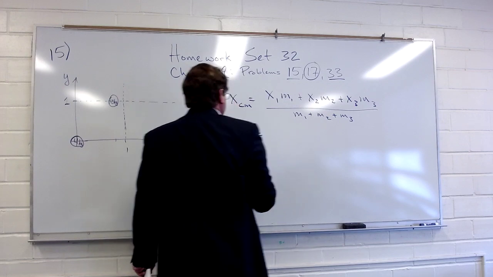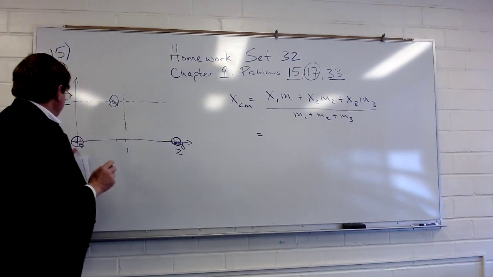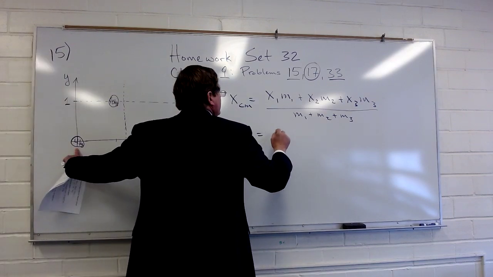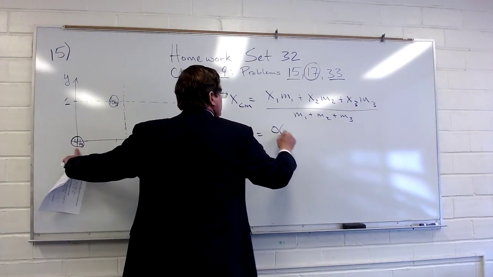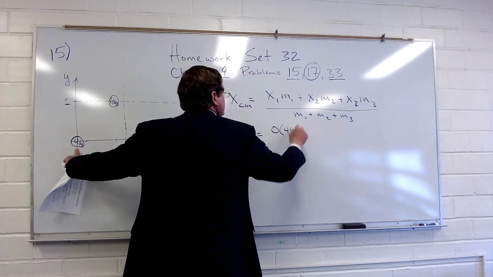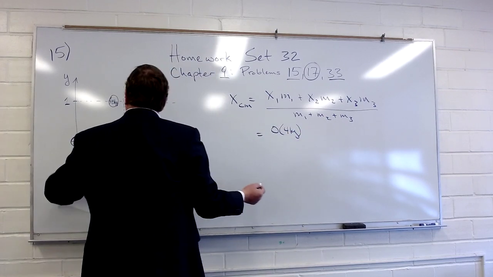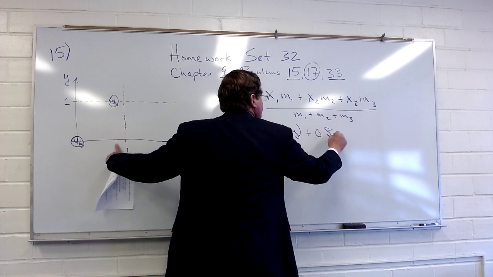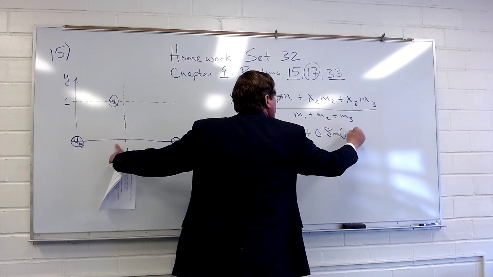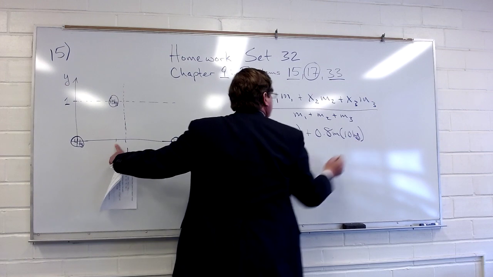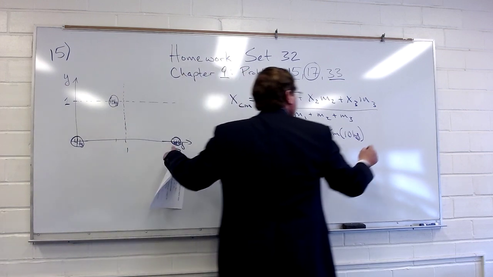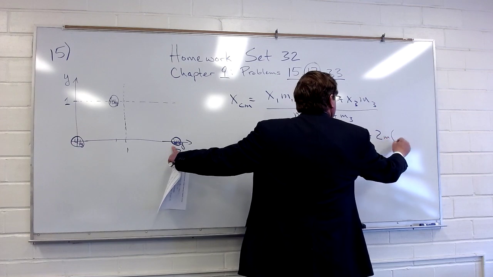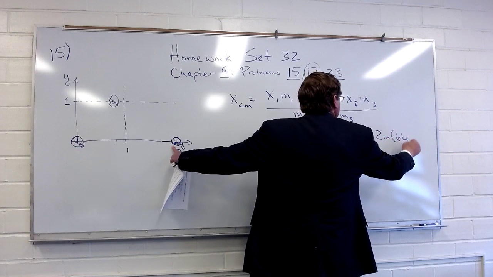And then we have to divide by all the weighting factors, M1 plus M2 plus M3. This one has an X value of 0, so that's going to be 0 times 4 kilograms, just wasted ink. This one has an X value of 0.8 meters times 10 kilograms. And this one has an X value of 2 meters, and it's 6 kilograms.